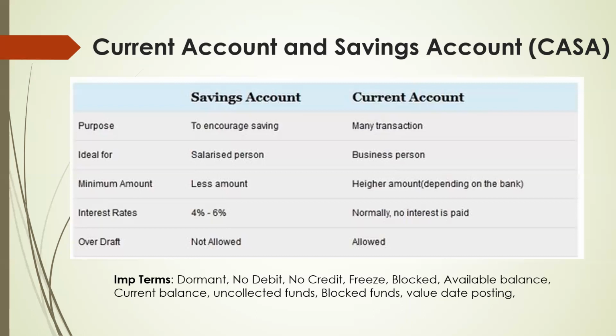And then another thing is value date posting. As a retail customer, we may not come across this particular term, but it's better to know, because if you are working in the banking domain, you have to know this. Whenever you make check postings, you write the check date, right? Based on the check date, a transaction gets posted.